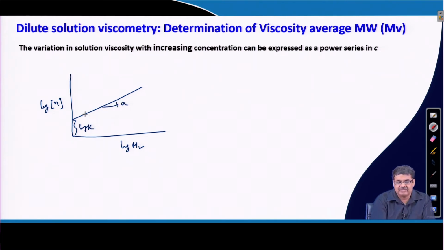So, for generating this straight line, we need to have the same polymer with different molecular weight, then only we can find out this log Mv. Now, if we do not know the molecular weight itself, how can we plot this? That is a very difficult thing to do, or it is not possible.